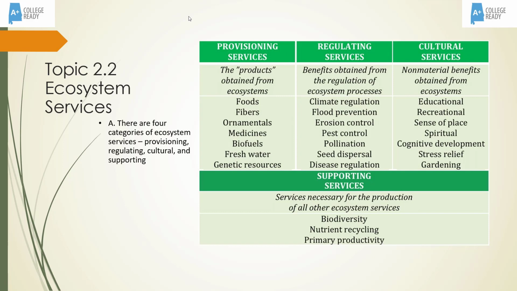Cultural services. Again, we went through most of these. A sense of place. If you were to do the activity of drawing out what you could remember about your childhood place of growing up, most of you are going to remember where the trees were, what was grass, where the water was. You remember those things. Cognitive development. We typically do better as far as stress relief as well.